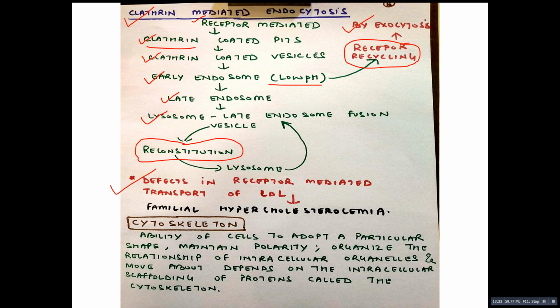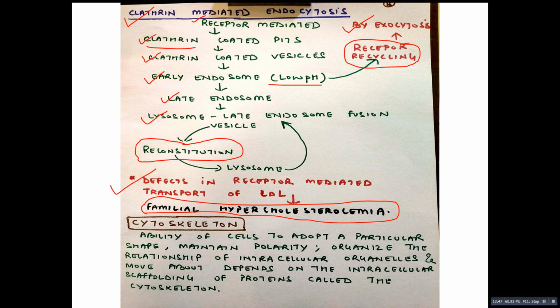As we all know, clathrin mediated endocytosis transfers two things. One is transferrin and another one being your LDL. So if there is any defect in the receptor mediated endocytosis of LDL, that person is going to suffer from familial hypercholesterolemia. With this, I complete the different types of transport in the cell.